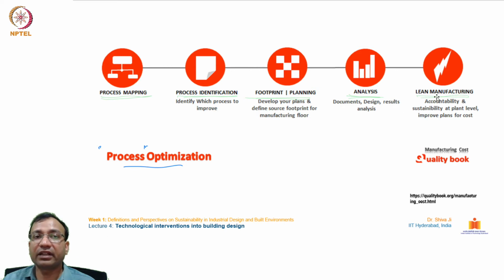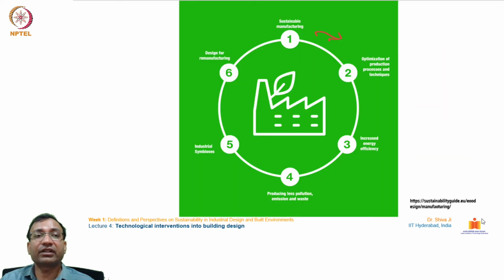Okay, and then finally lean manufacturing, accountability and sustainability at plant entry level, and improved plans for the cost. So these are very standard, typical procedures for any optimization process also. By complying with these measures at a high degree, it could result in optimization on the manufacturing front.